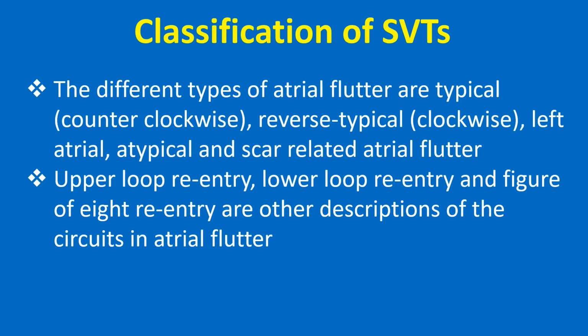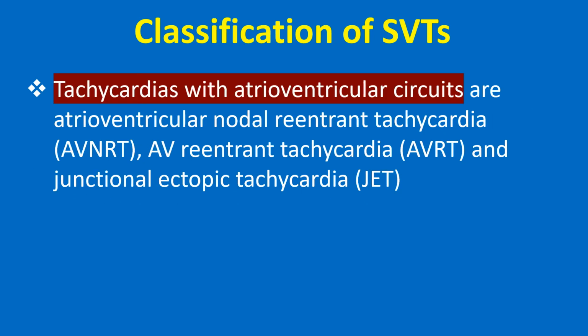Upper loop reentry, lower loop reentry, and figure of 8 reentry are other descriptions of the circuits in atrial flutter. Tachycardias with atrioventricular circuits are atrioventricular nodal reentrant tachycardia, AV reentrant tachycardia, and junctional ectopic tachycardia.